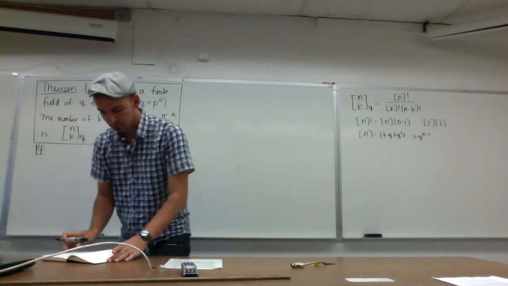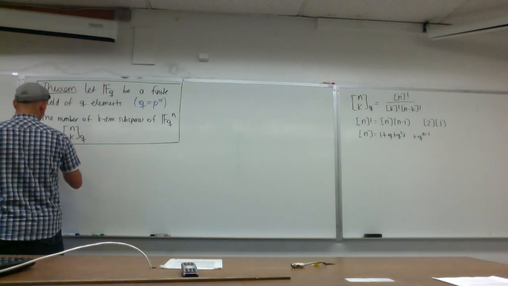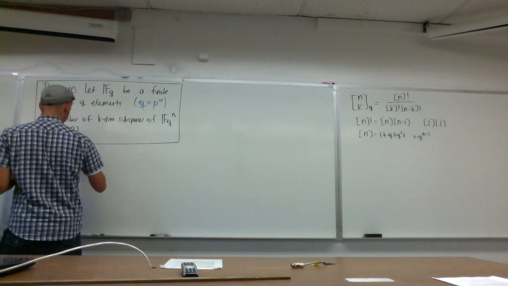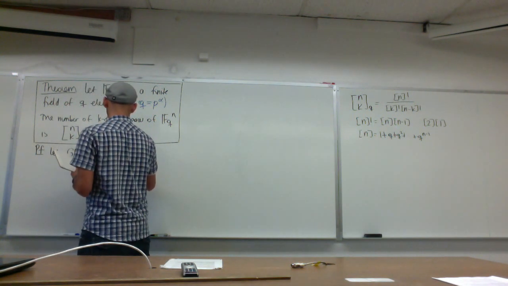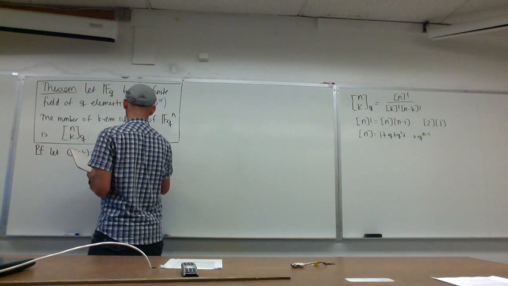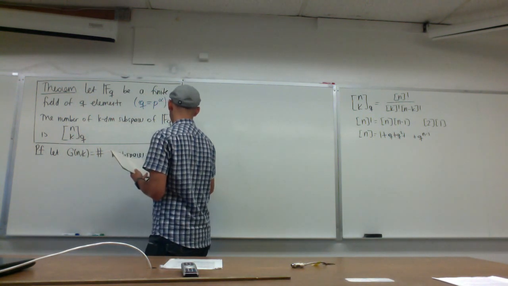Okay, so let me make some definitions. Let G(n,k) be the number we're after: the number of k-dimensional subspaces of F_q to the n.